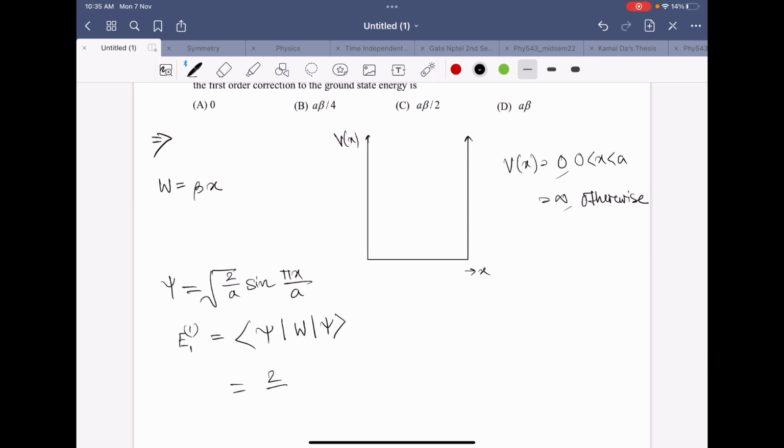So it will be 2 by a sine square pi x by a, and x is the perturbation, dx from 0 to a.